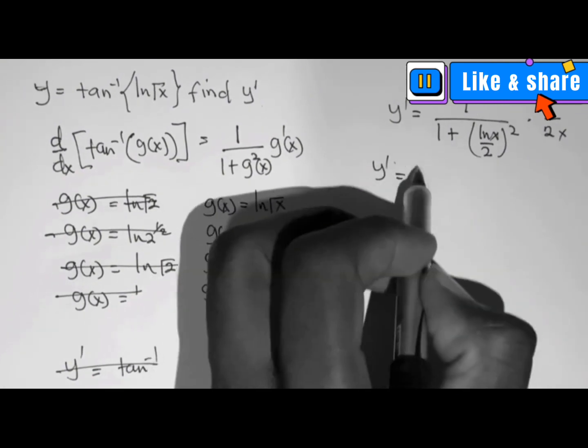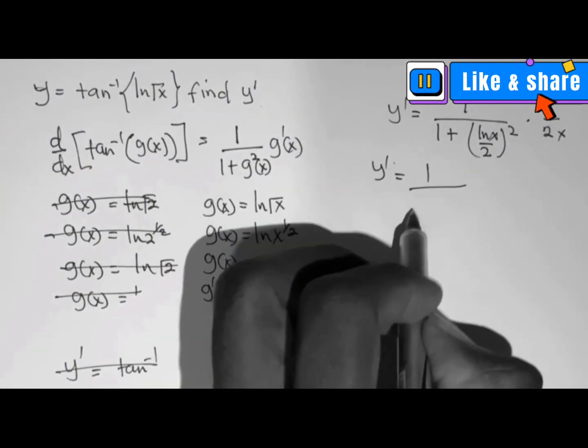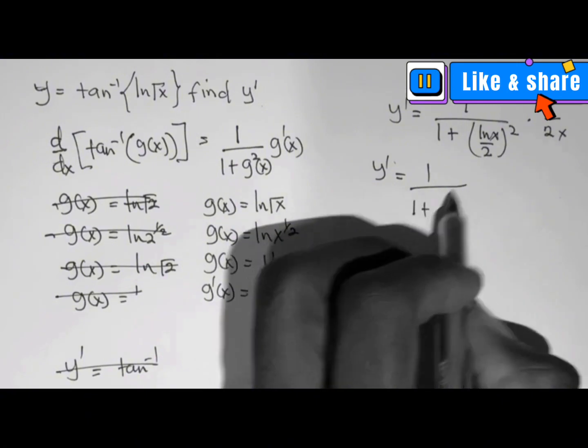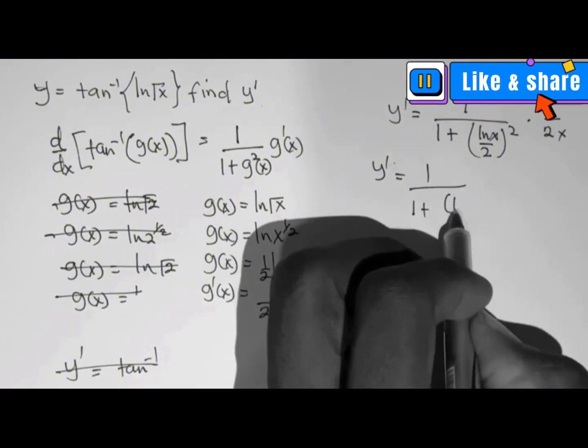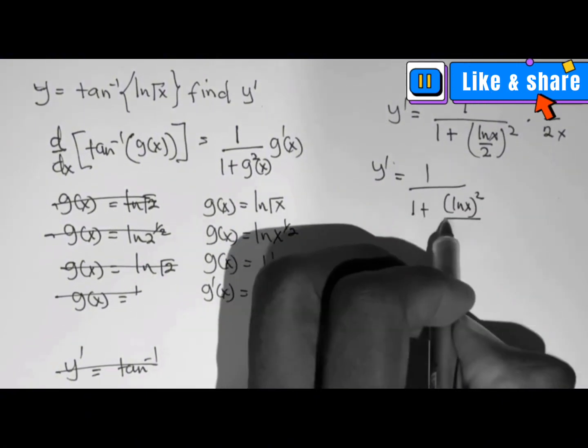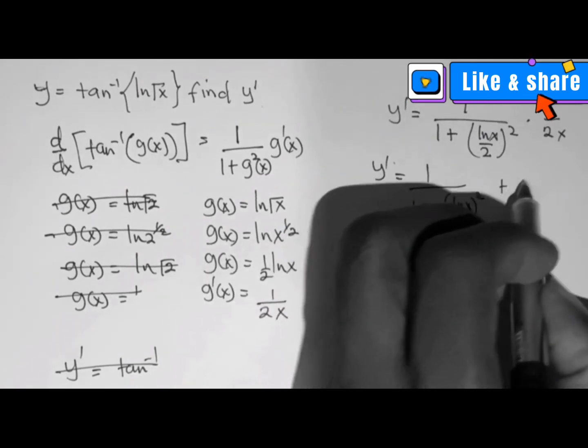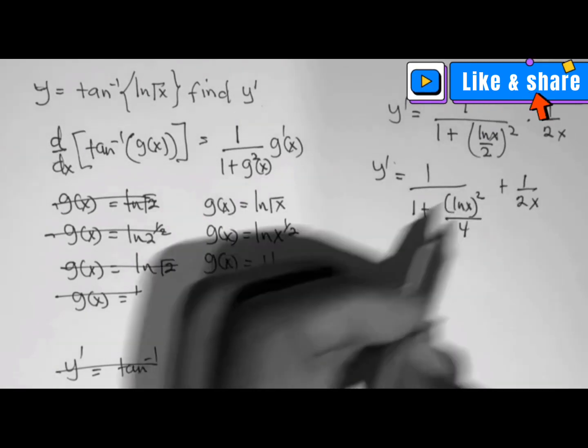So y prime is equal to 1 divided by 1 plus ln x exponent 2 divided by 2 squared, which is 4, then times 1 over 2x.